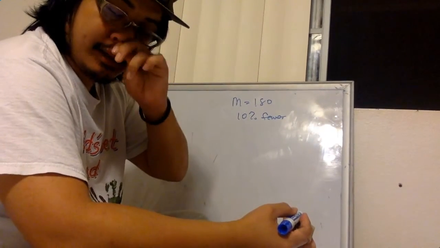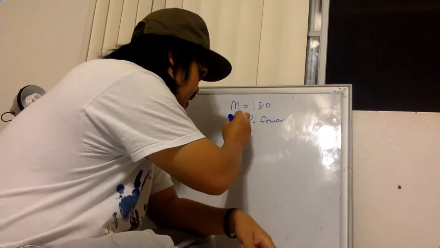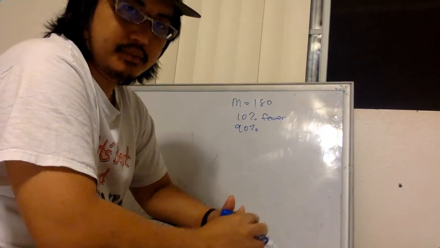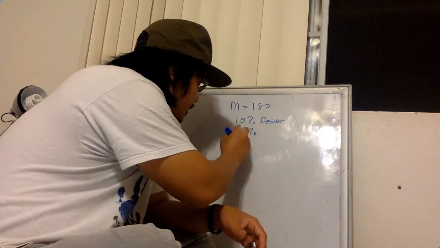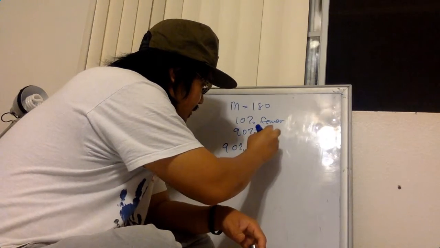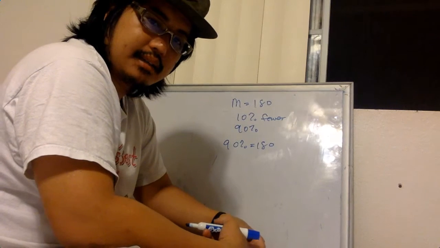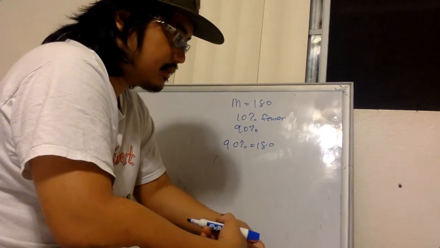Maybe one thing you can think about is if it's 10% fewer, she actually has 90%. Right? So I know that 90% is equal to 180. 90% is the same as saying 10% fewer or 10% less.